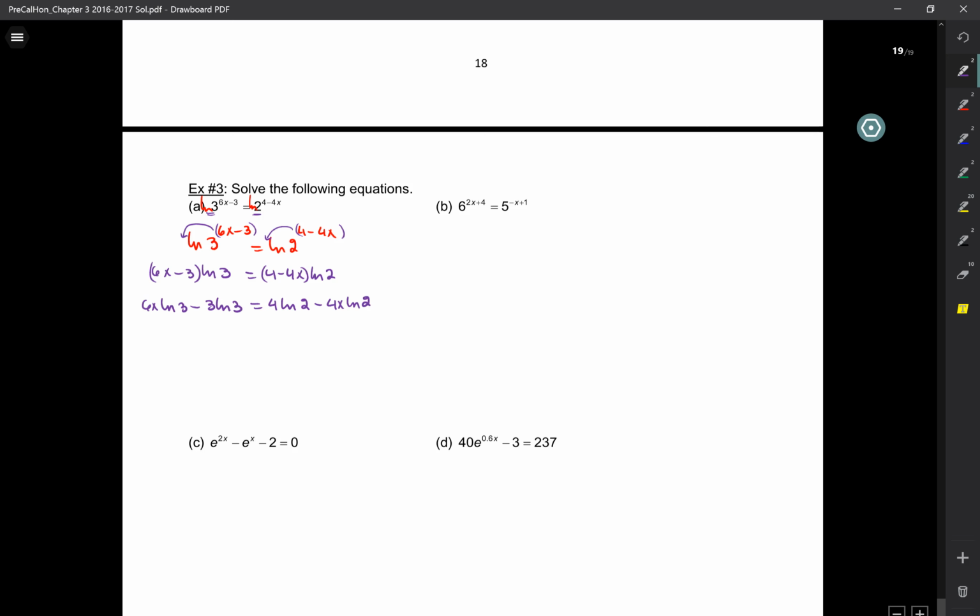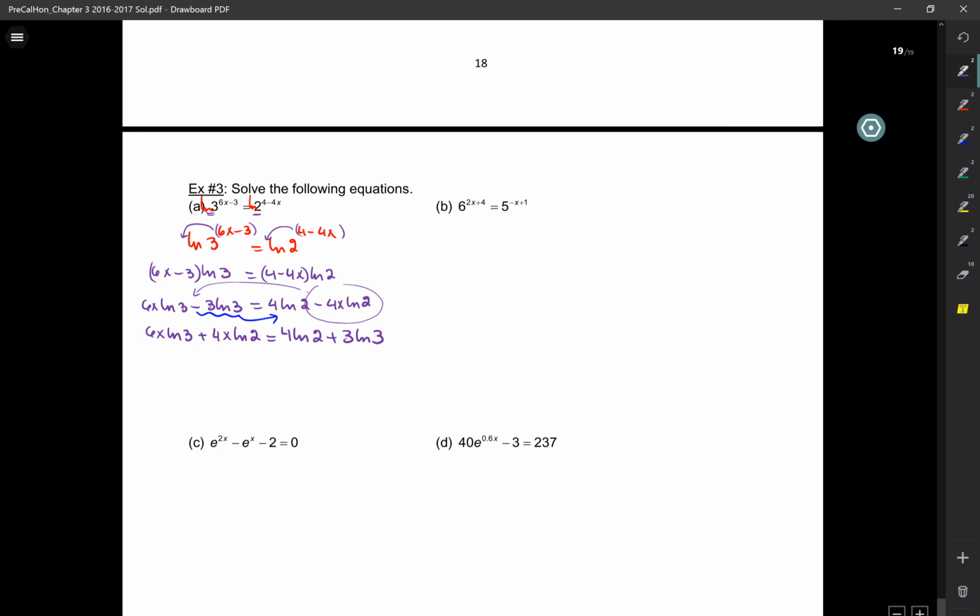Now, I need to collect all the terms that have an x onto the left side, and everything that does not have an x onto the right side. So this will move over, and I will get 6x ln of 3 plus 4x ln of 2. This term will move over here, so I will get that equals 4 ln of 2 plus 3 ln of 3.